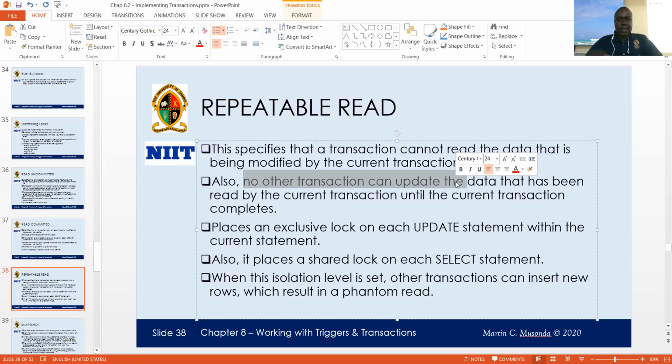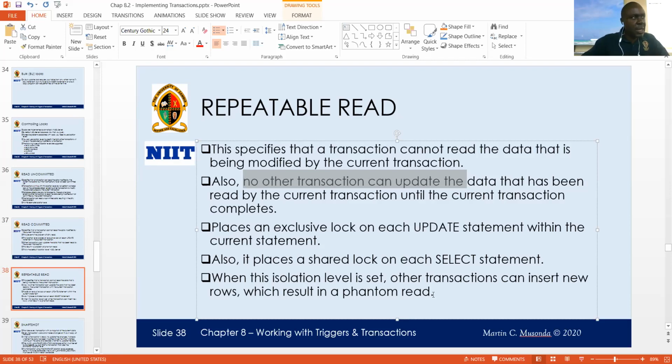Also, it places a shared lock on each select statement. When this isolation level is set, other transactions can insert new rows, which results in a phantom read. Okay.